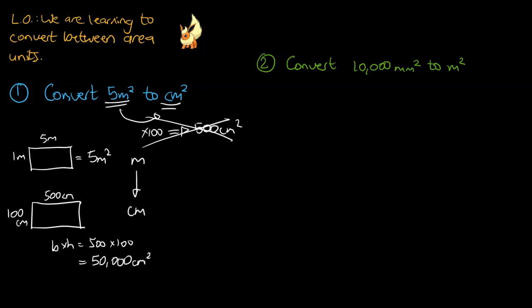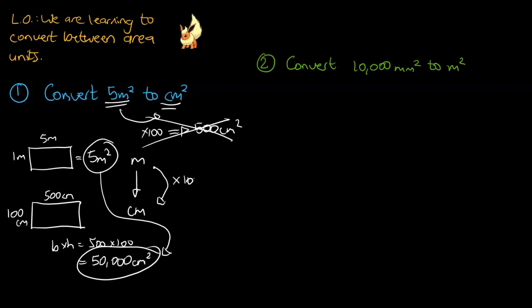The other way to think of it is, how did we get from the 5 to the 50,000? The first thing I want to note is that to get from meters to centimeters, we did times 100. And if you think of the units of area, it always relates to squared. If I do times 100 squared, that's actually going to be 10,000.